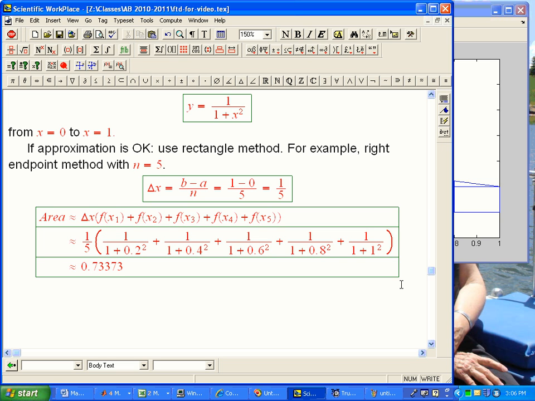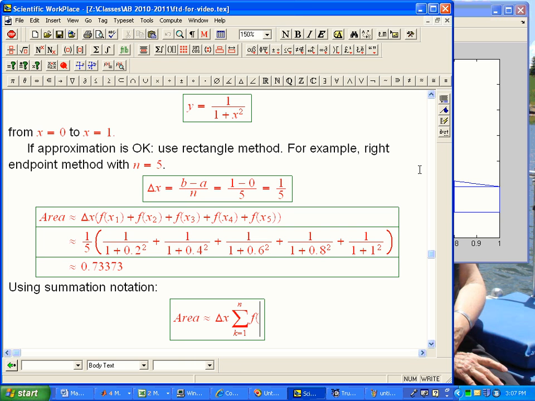So what we would do is write that using the summation notation, which we're going to have to review just a little bit. There, the area is approximately going to be, this is delta x still, assuming we're using the same size subintervals all across, times the summation, let's say k equals 1 to n of f of xk.